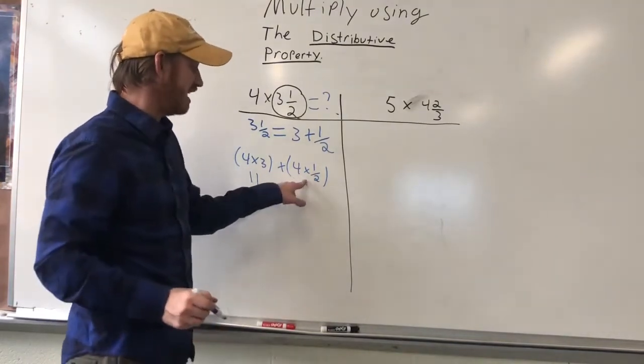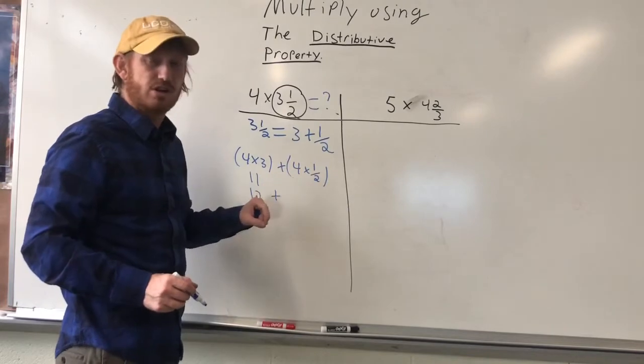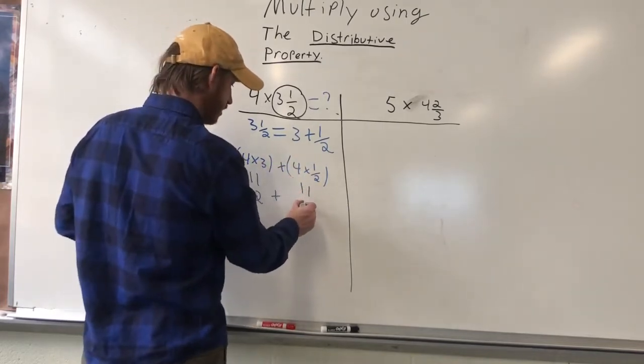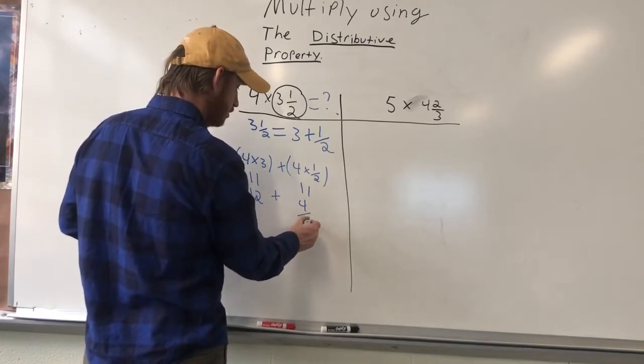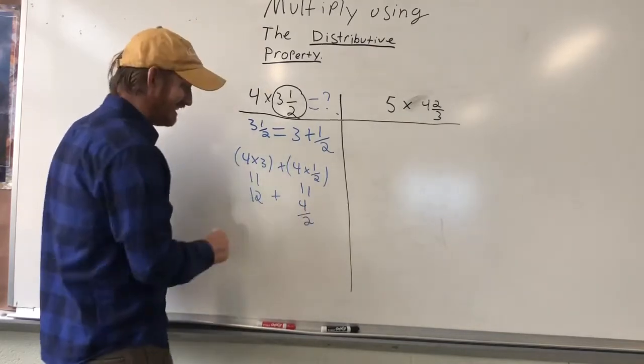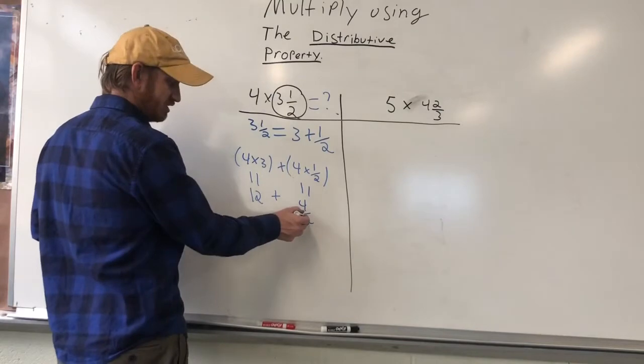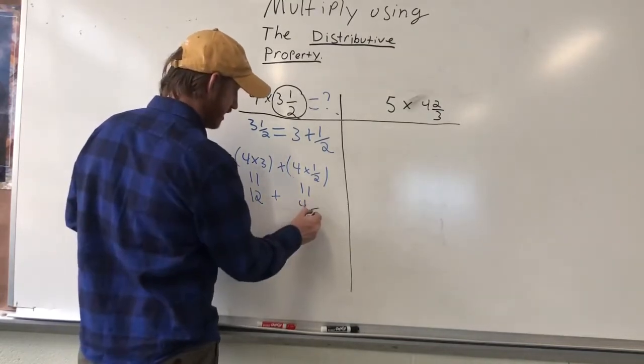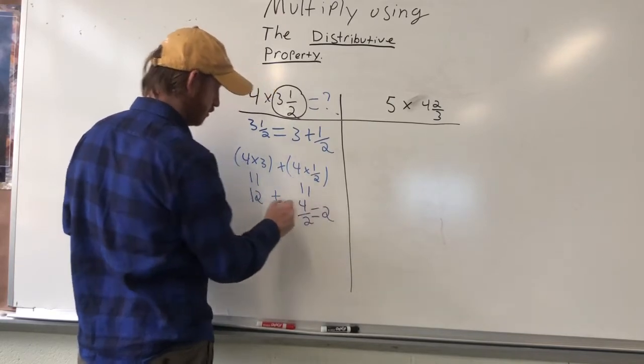Plus 4 times 1/2. So 4 times 1/2 gives me 4 over 2. But I can then simplify that because 2 goes into 4 twice. So that equals 2.